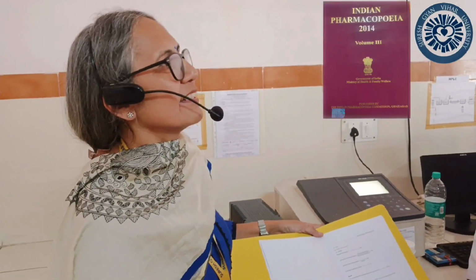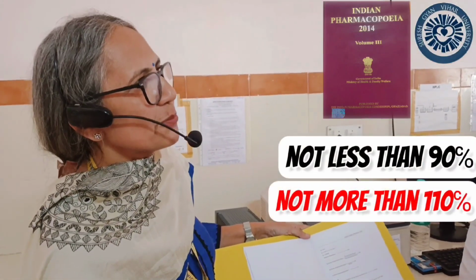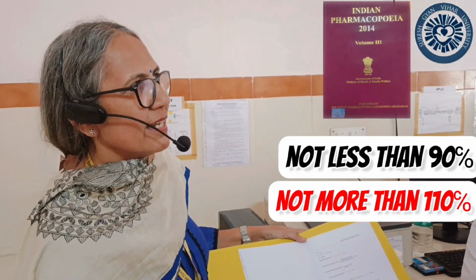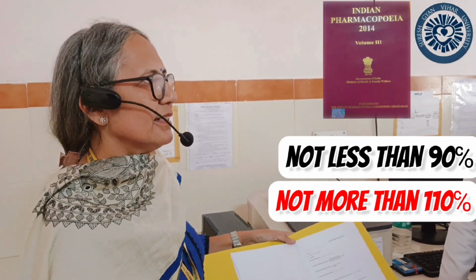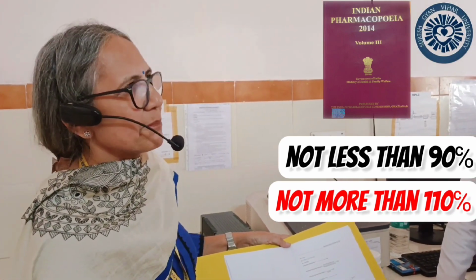Clear to everyone? So like this we do the assay of paracetamol. You will come to know how pure our drug is. In the pharmacopoeia a limit is given that the sample should not be less than 90% and not more than 110%. If it is coming less than 90%, your sample is failing; you can record that this sample fails.